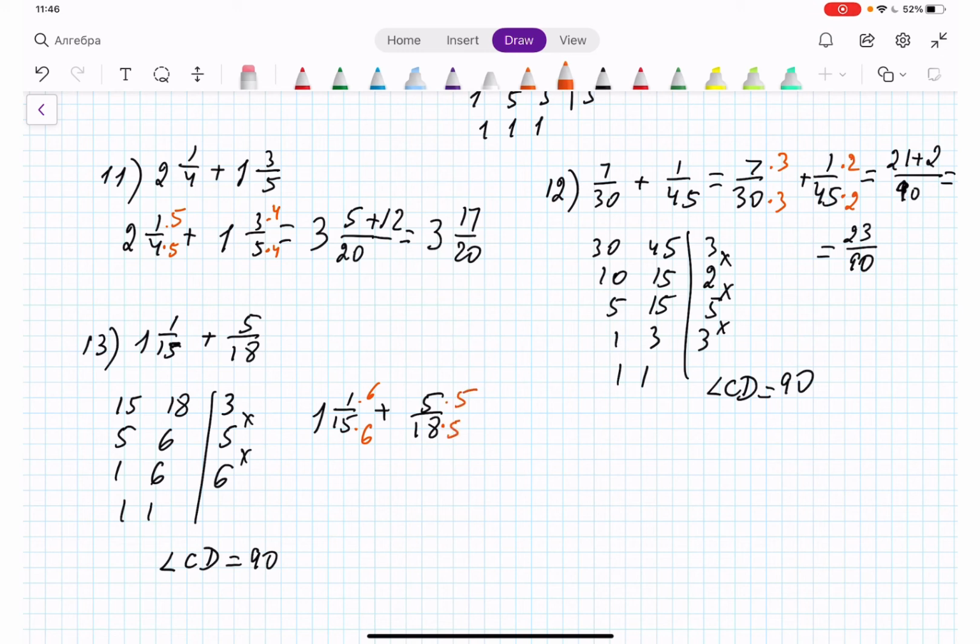And we are getting, this one stays common, I mean the whole number, and 90, it's going to be 6 plus 25. And we get, result is 1 and 31 over 90. Question number 14.